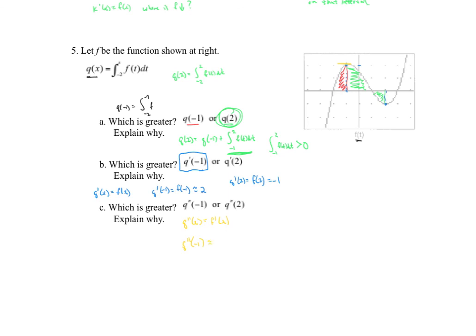So I'm going to say about 0, and q double prime of 2 is going to be the slope of the tangent line here, which also is going to be about 0. So I would say that neither is greater. They're going to be about the same. So q double prime of -1 is equal to q double prime of 2, and this is our explanation, that q double prime is equal to f prime. Okay, very good.